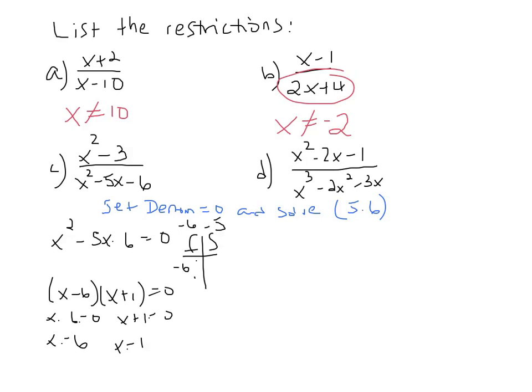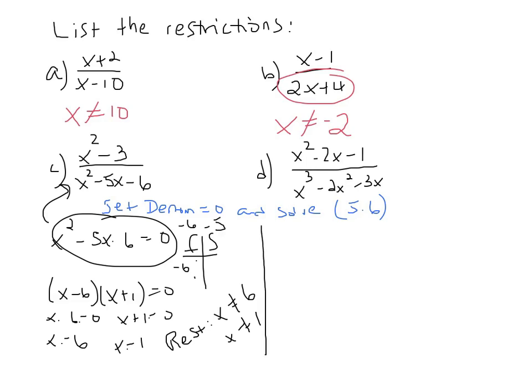So then we can say our restrictions for this problem are x cannot equal 6 and x cannot equal 1, because both of those numbers would make this polynomial equal to 0, which then means the denominator would be 0 and division by 0 is bad.